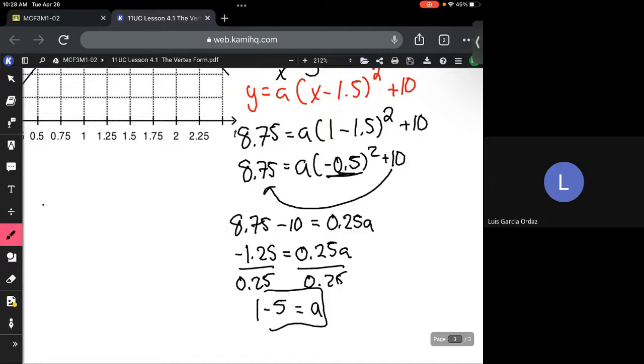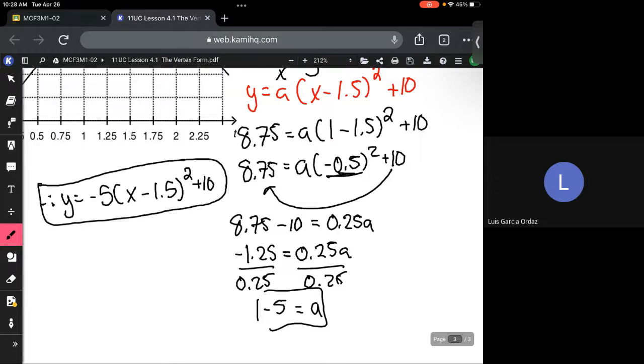So therefore, y is equal to negative 5 times x minus 1.5 squared plus 10. So that would be your vertex form equation.